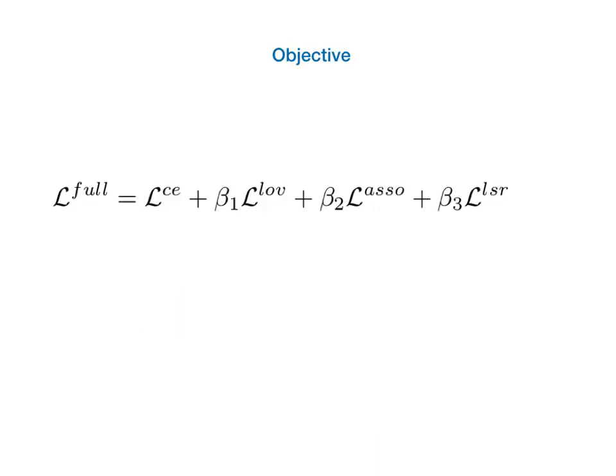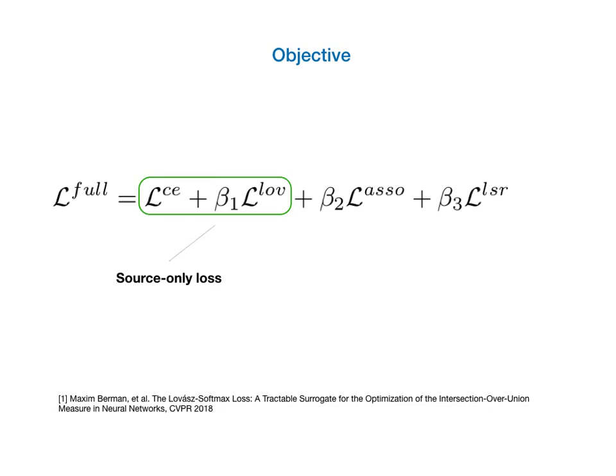So the objective used to optimize our network contains 4 terms. The cross-entropy loss and the label softmax loss are imposed on the source data to facilitate the data fitting process. Moreover, we impose multi-layer association loss on pairs of source and target images to reduce the domain discrepancy during the training.